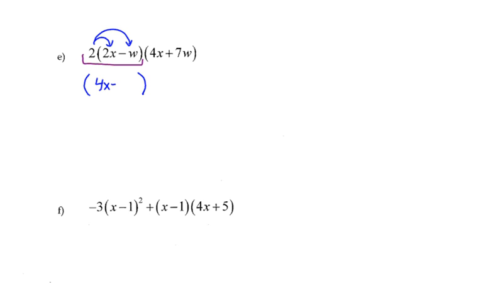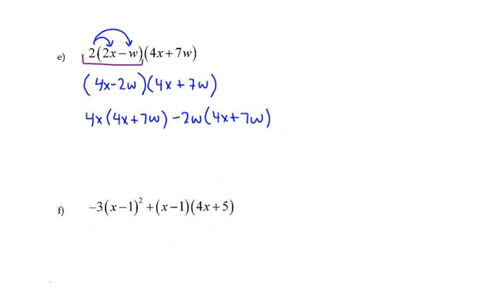4x minus 2w, 7w. Good. And now is it easy? Yeah. So first 4x times 4x plus 7w. And then the minus 2w times the 4x plus 7w. Okay, finish that one off.